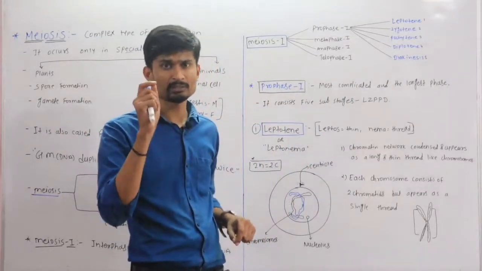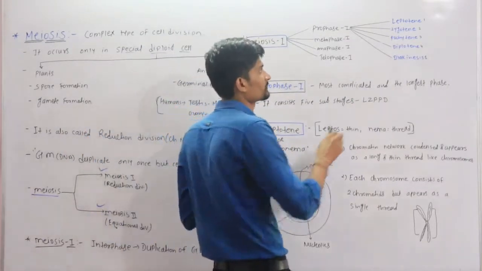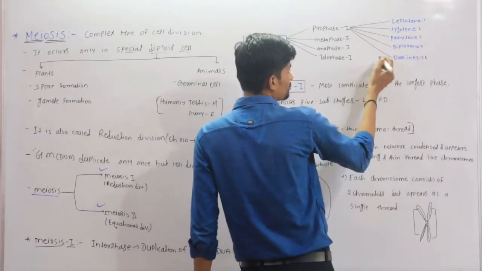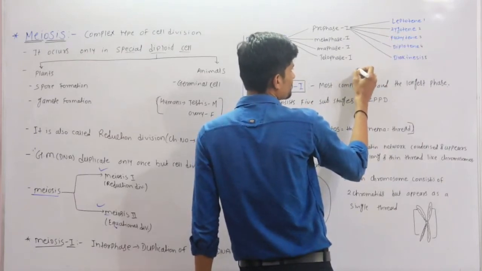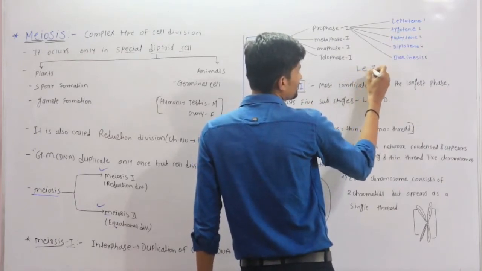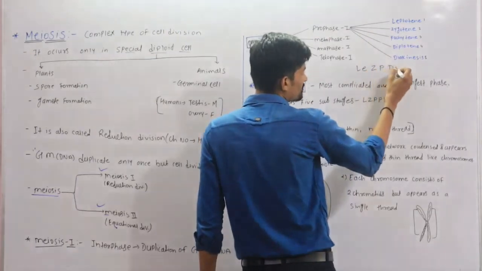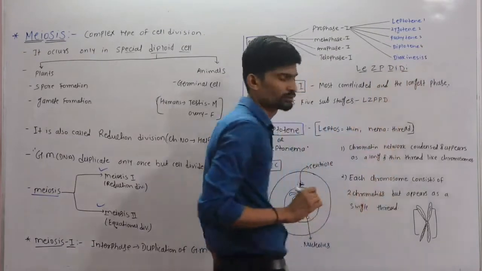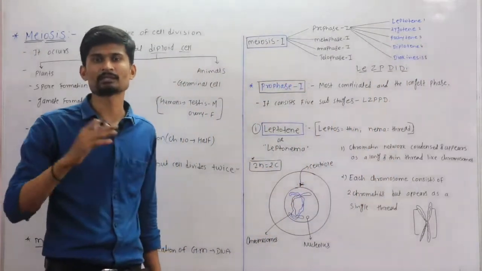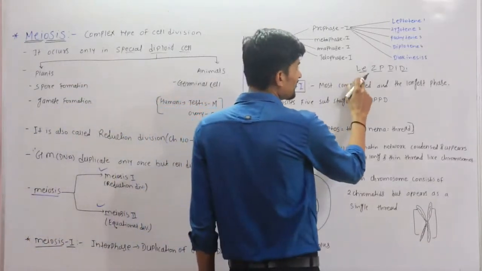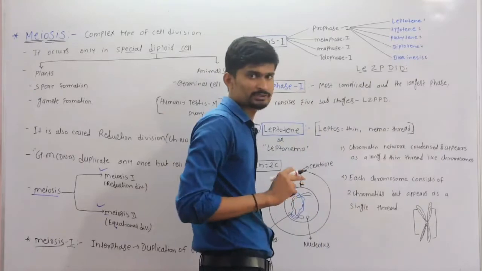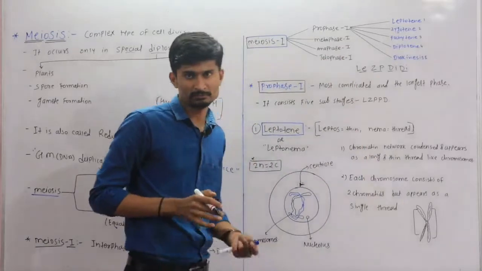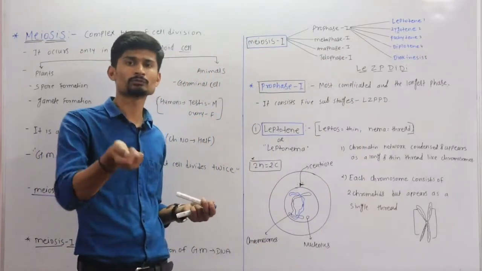You can remember these stages by a short trick, and the sequence is necessary. The trick is "Le ZP Didi". ZP means the Zilla Parishad school, and Didi is elder sister, so "Le ZP Didi" means you are giving something to the ZP Didi.